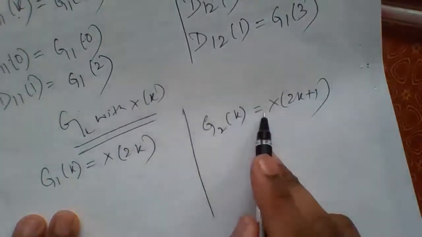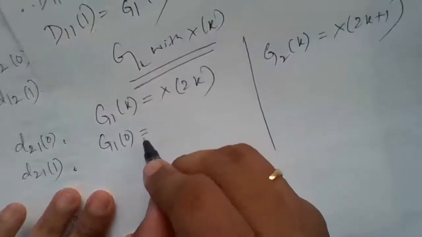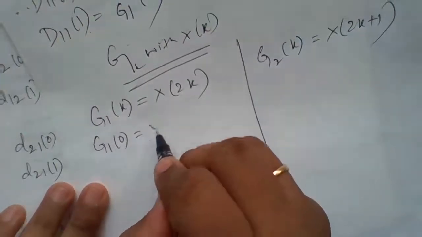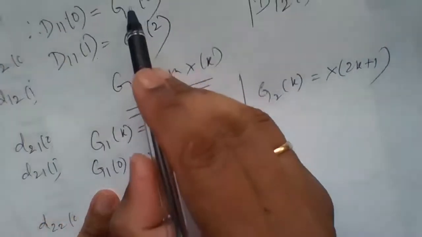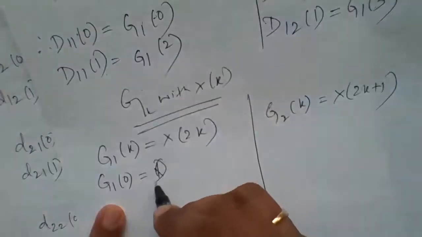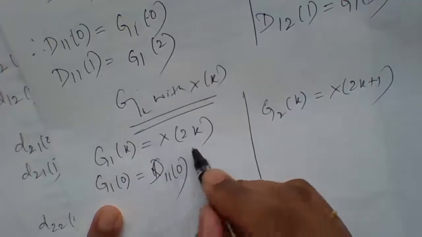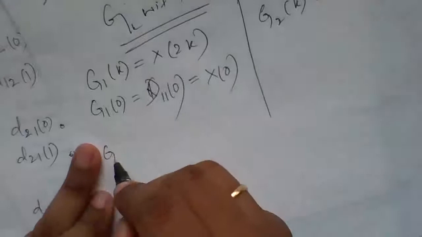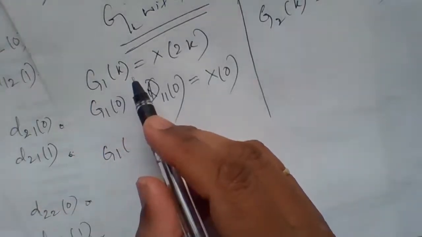So now I will write G1 of 0. G1 of 0 is equal to D11 of 0, so I will write D11 of 0. But this is again equal to X of 0. Similarly, I have to write for k equal to 0, 1, 2, 3.